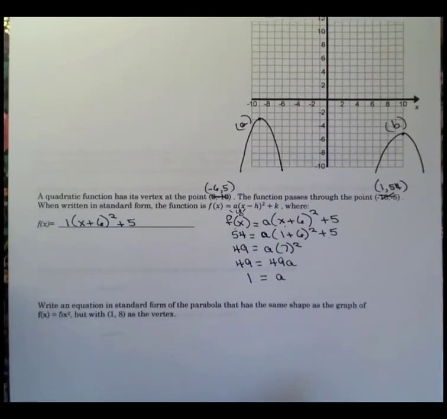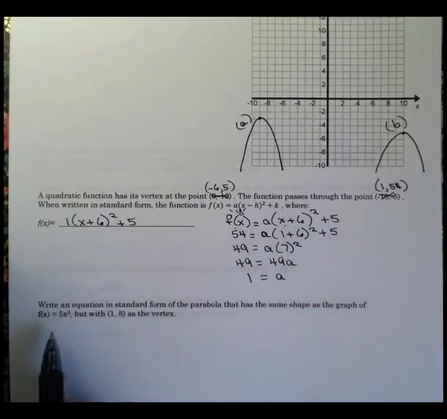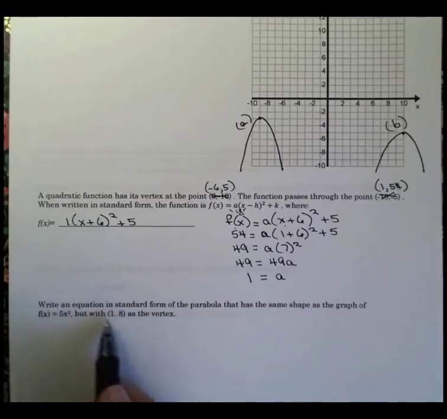Now, what about an equation that's in the standard form of the parabola? It has the same shape as this one. The graph is 5x squared, but it has (1, 8) as a vertex this time. So I'm going to think about this as the format that I need.